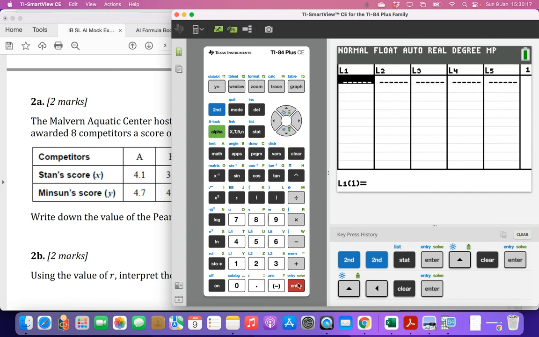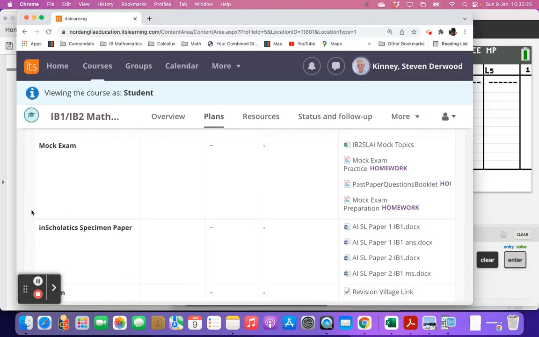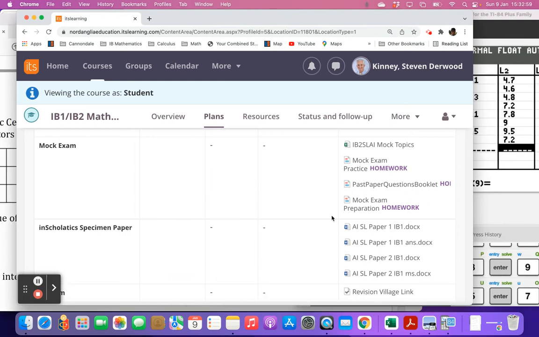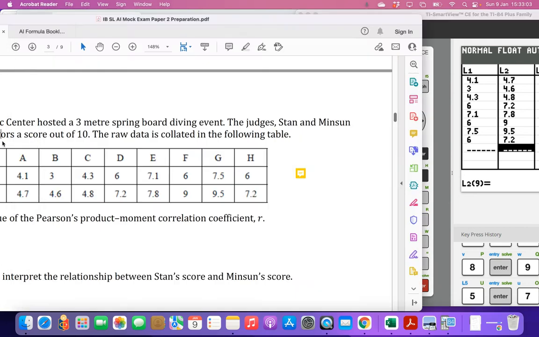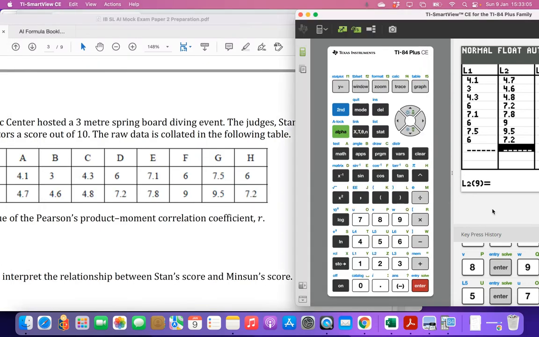Now I put in list 1 for Stan's scores, list 2 for Min-sun's scores. Then I'm going to calculate the Pearson's coefficient.